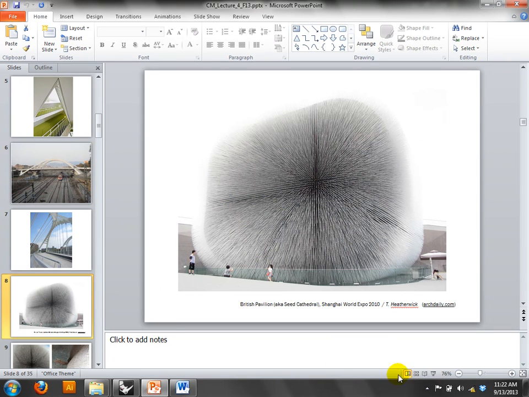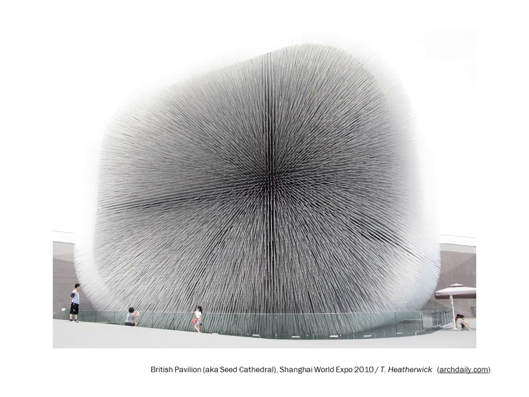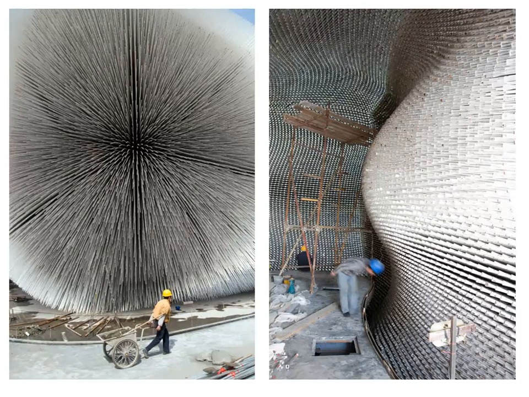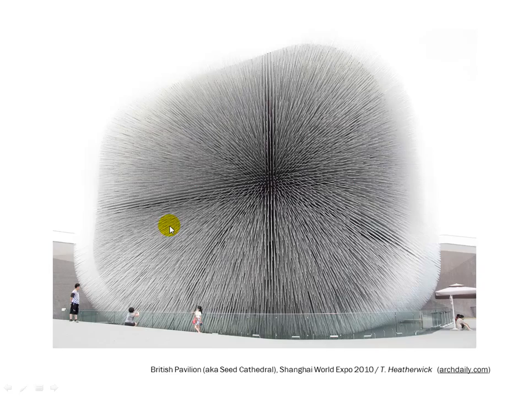All right. So a couple other projects here. You guys know this one, the British Pavilion by Heatherwick? I see some nods here. Okay. So this is kind of amazing. It's 2010, but it still amazes me. So this is the outside, and that's real. It's not a rendering. God, it looks like a rendering though. It's kind of ridiculous.